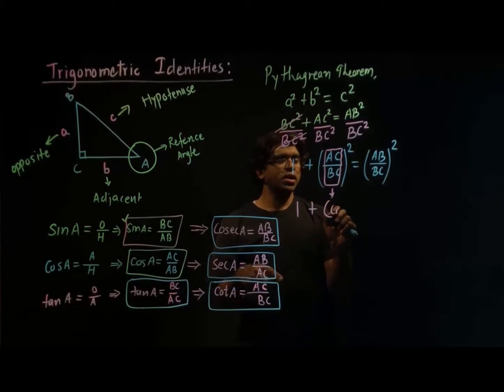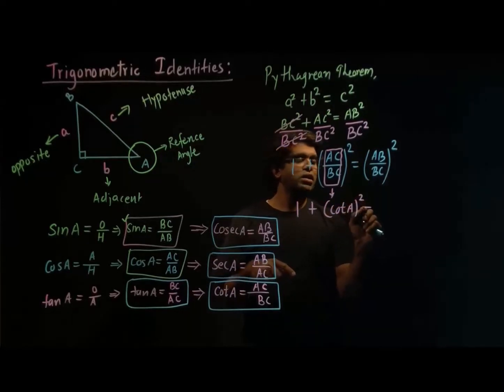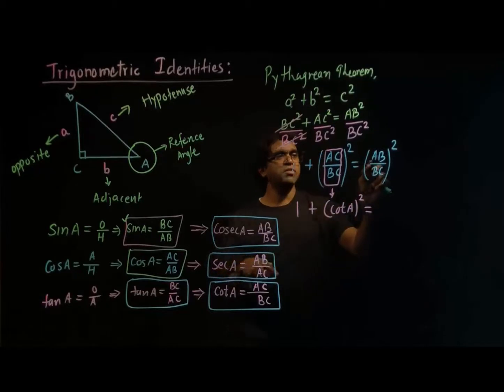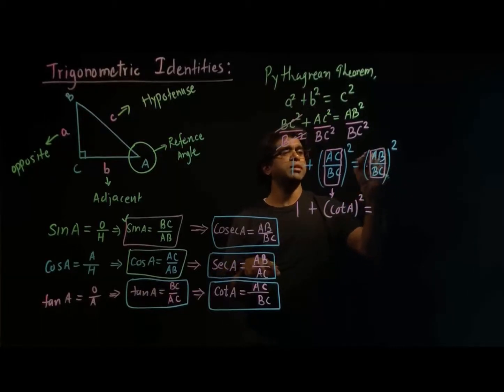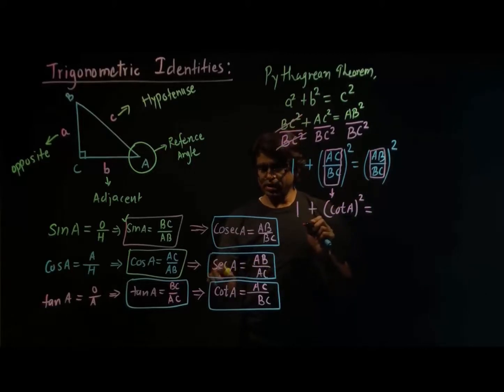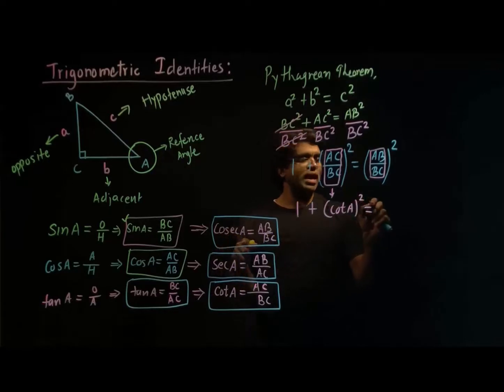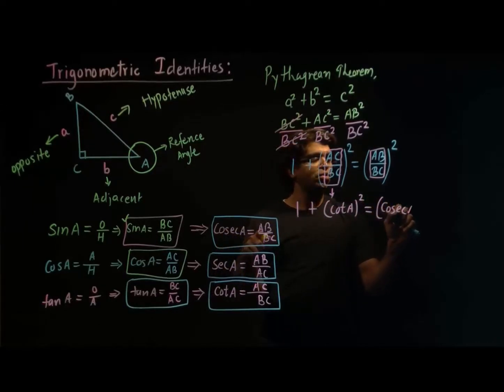So I'll write inside the bracket cotangent A squared is equal to, let's see which one belongs to AB over BC. As you can see, AB over BC is cosecant. So that is equal to, inside the bracket, cosecant A whole square.